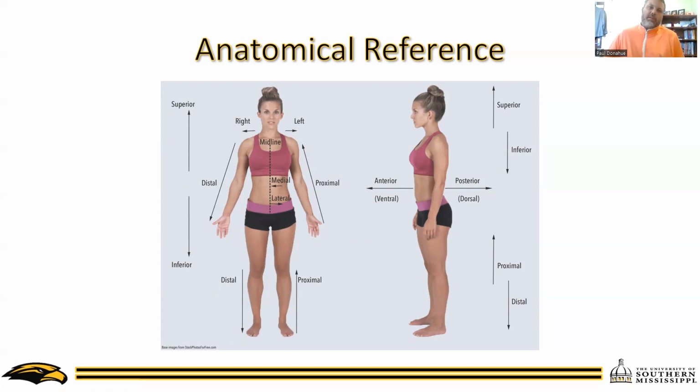Proximal is going to be closer, distal is going to be further away. If we start talking about medial and lateral, medial is going towards the middle, lateral is going to the side or to the outside. So maybe brush up on those if you haven't heard them before. Go through the text. They have some good description of those, but this is where we're starting off from, this anatomical reference position.